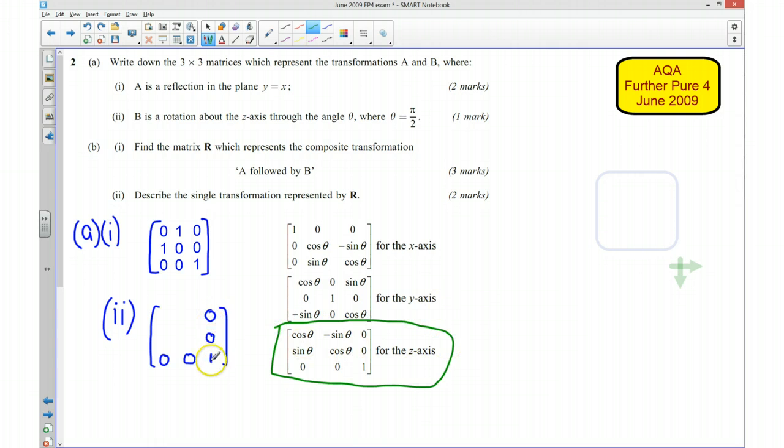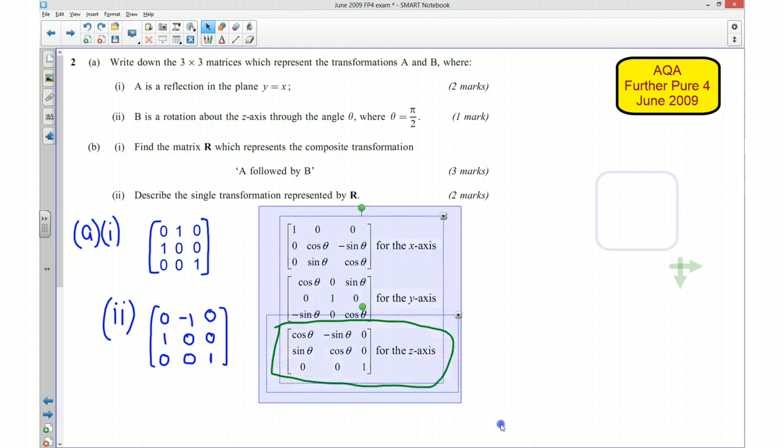We already decided on that part of it, so all we need to do now is put in pi over 2 for each of these components. So the cosine of pi over 2 is going to be 0, that's going to be 1, that's going to be -1, and we've got 0 there. So this matrix here gives us our transformation matrix B.